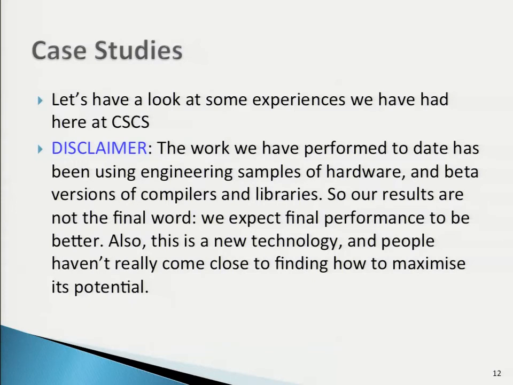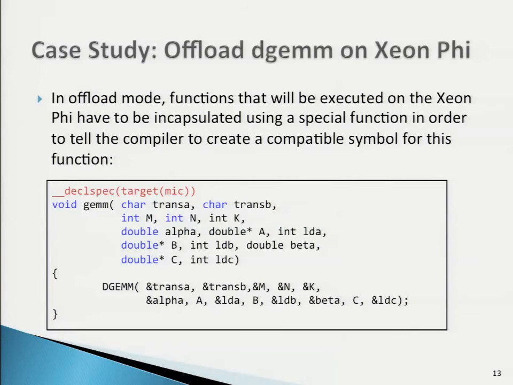So the first is a bit of work that Gilles did, where he looked at dgemm, one of his favorite topics, and he looked at offloading dgemm on the Xeon Phi. He uses the dgemm that's implemented in the Intel Math Kernel Library, Intel's highly optimized library that has lots of linear algebra operations like dgemm, but also many other useful mathematical operations.